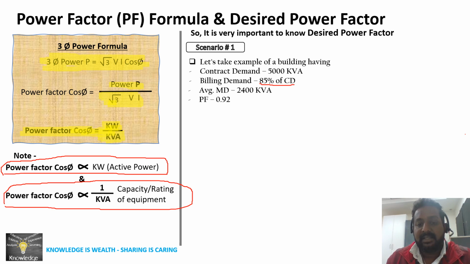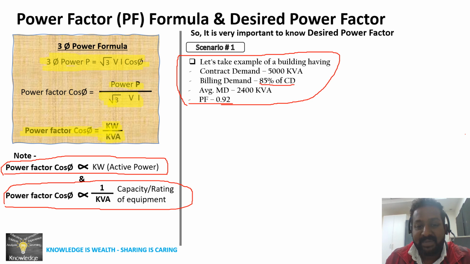And let's take an example where the building has 2400 kVA of maximum demand recorded, and that building is operating at power factor 0.92. Let's check in this scenario whether this building is working with optimum energy consumption or not.